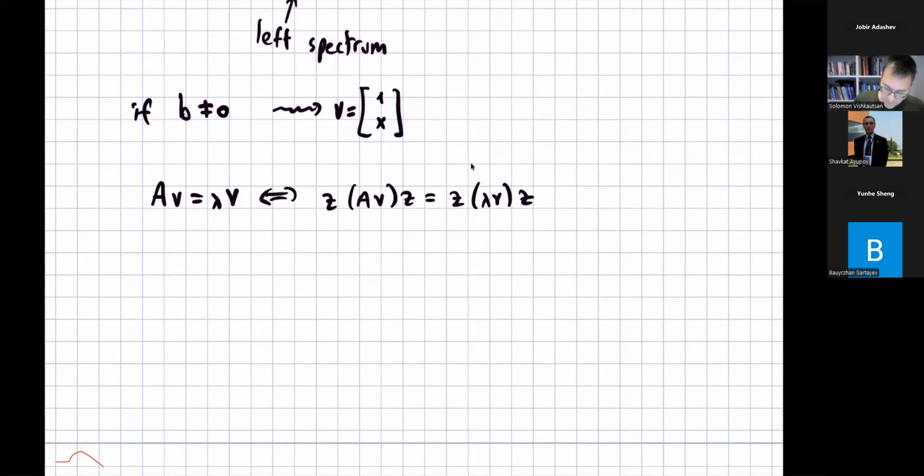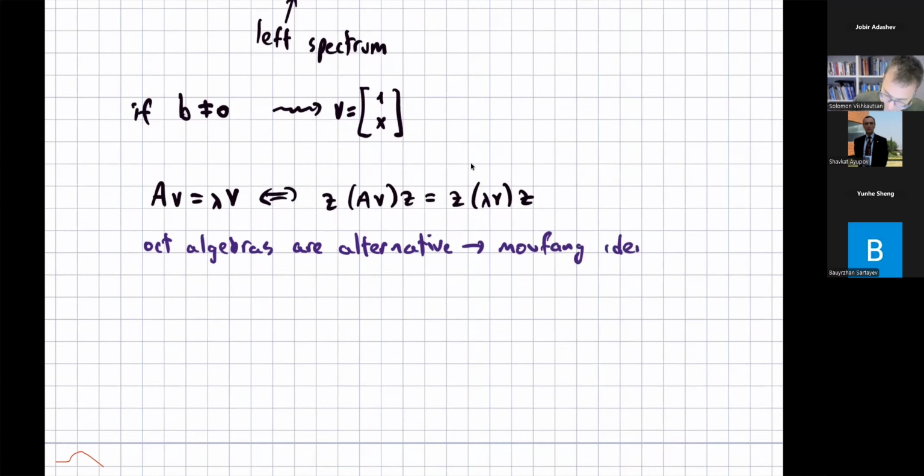We know that our Octonion algebras are alternative, which means that they satisfy Moufang identities. And so let me just write it down. So they satisfy Moufang identities. And by this, we can check that this happens.